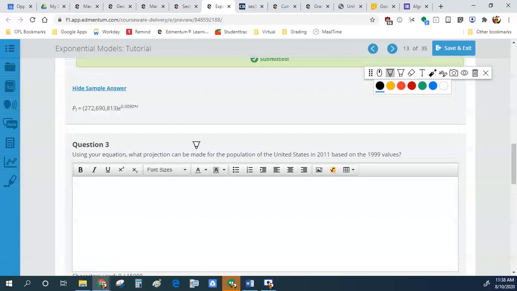All right. So now we're going to use this equation to figure this out. Our T is going to be 2011, and we're going to subtract this out. That's going to give us a T of 13. Does that make sense?